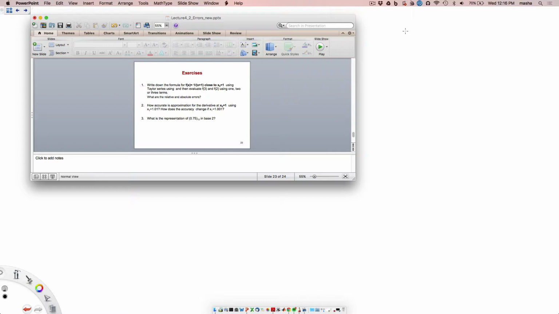What I need to compute this, I need f prime of x0, I need f double prime of x0. So my f prime and f double prime are minus 1 over (1 plus x) squared and 2 over (1 plus x) cubed. So that means that f prime of 1 is minus 1 divided by 4, right? And f double prime of 1 is 2 over 8, which is 1 over 4.